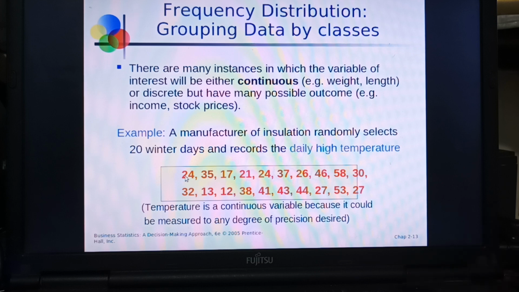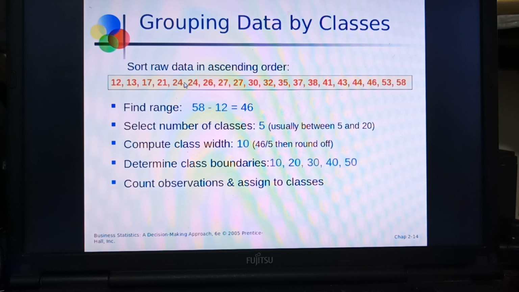I suppose this was recorded 24 for the first of the 20 days, then second 35, but for statistical purposes we need to sort from lowest to highest, or you could also do it from highest down to lowest.